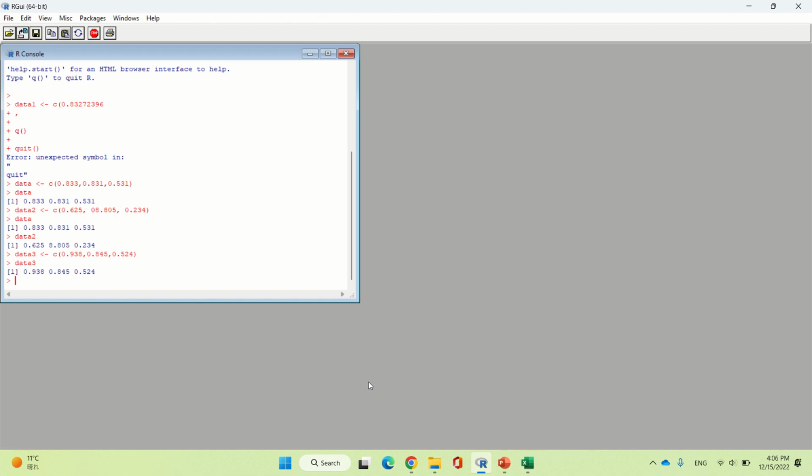Data1. Yes, data1. Data1 is a variable. Among data1, data2, data3, one is a variable and the other is dependent.